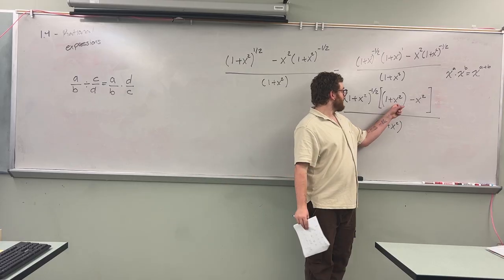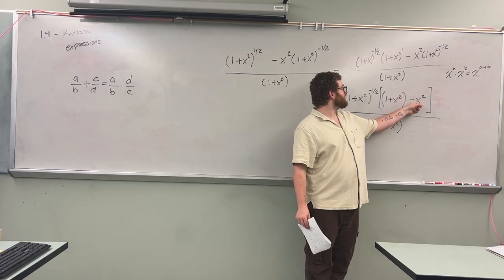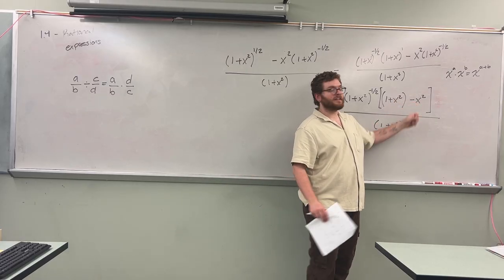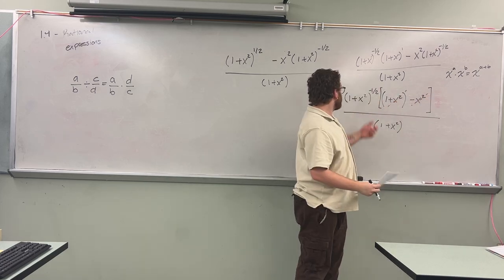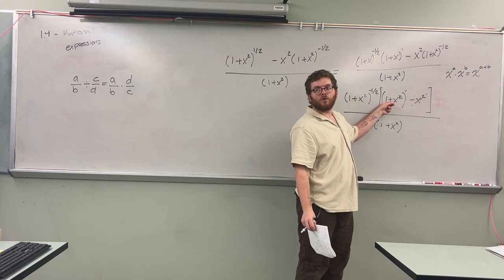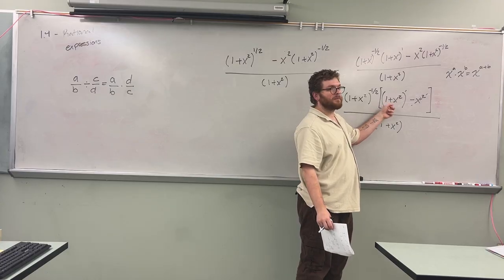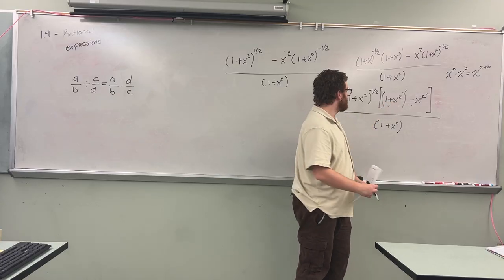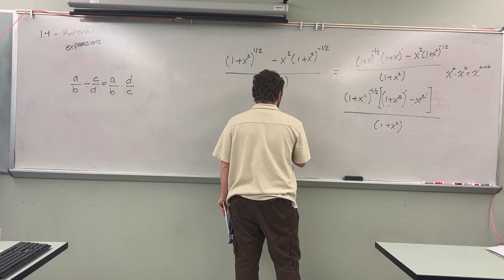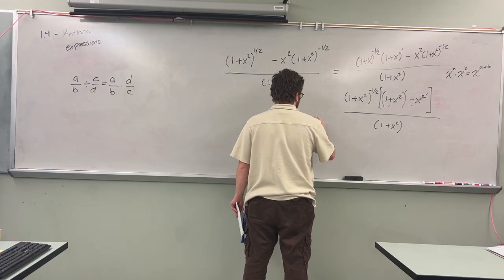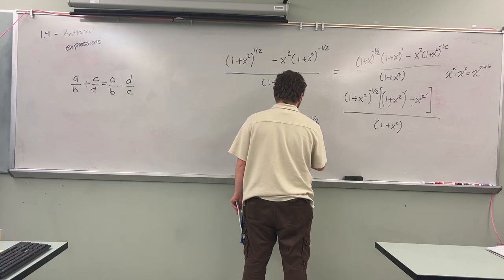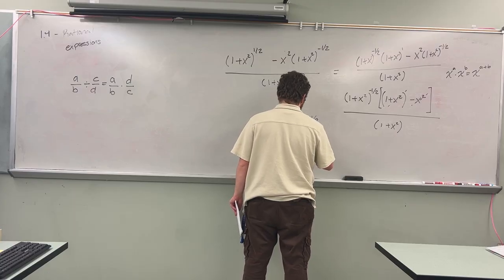Now notice in here I have x^2 minus x^2, so that's just going to cancel. And then I have this times the remainder, which is 1. Something times 1 is itself, so that works out pretty nicely. I just get (1 + x^2)^(-1/2) over 1 + x^2.